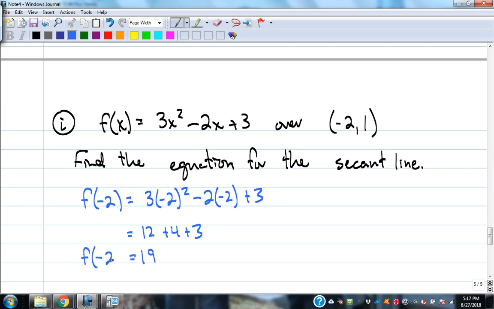So f of -2 is 19. Then I'm going to do the same thing for +1. Three minus 2 plus 3. That'd be 4.